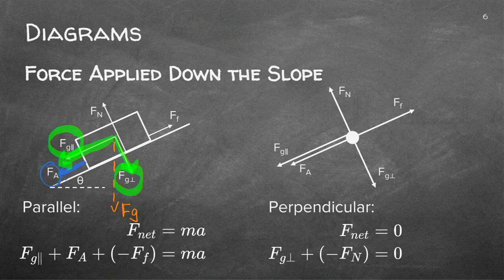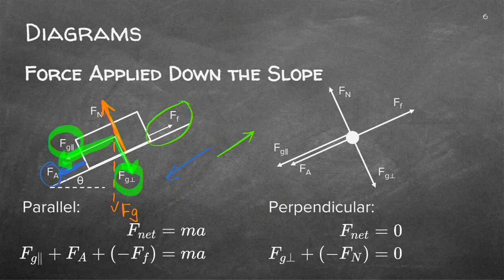And because it's moving down, you will have friction that will be moving upwards. Friction is always in the opposite direction as the movement. So you've got your friction force there, and then the one that you always know, you've got your surface exerting a force perpendicular on the object, which we call the normal.